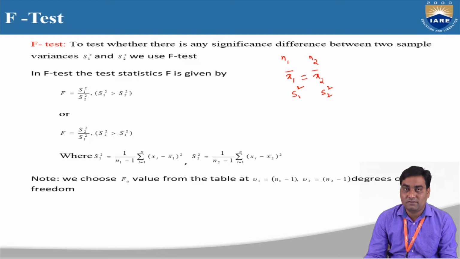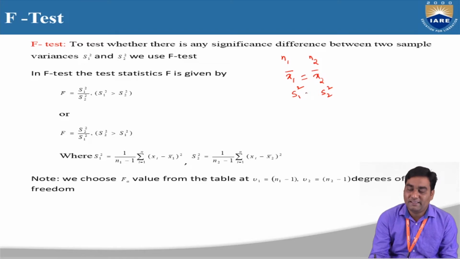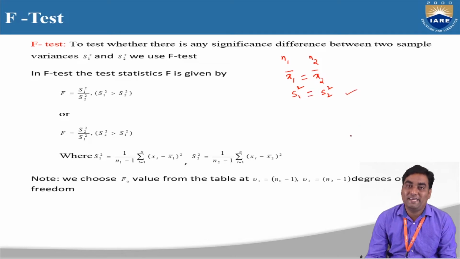But in the F-test we are going to test whether there is any significant difference between the variances of the samples. That is the main difference between the previous test and this test. Here we verify whether there is any significant difference between variances only, not between means.